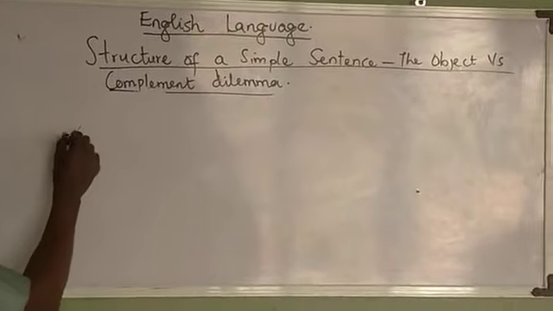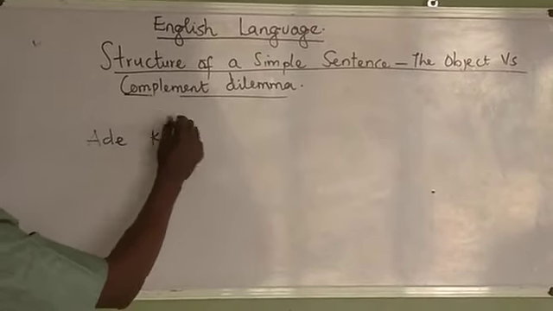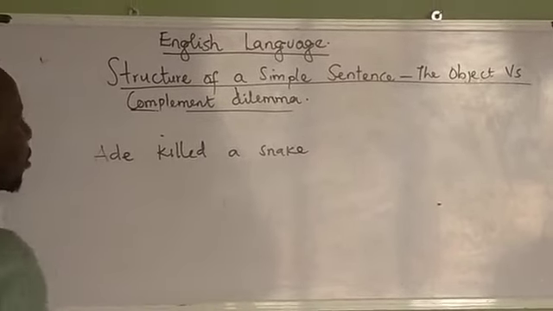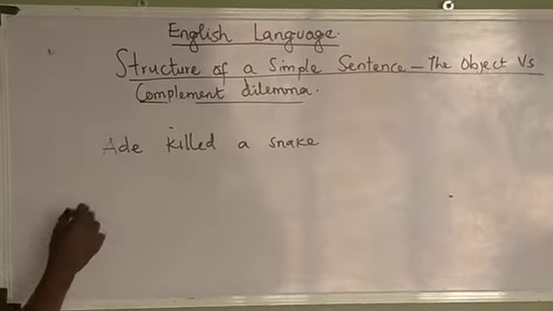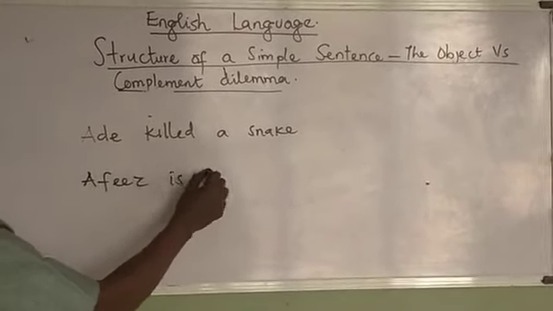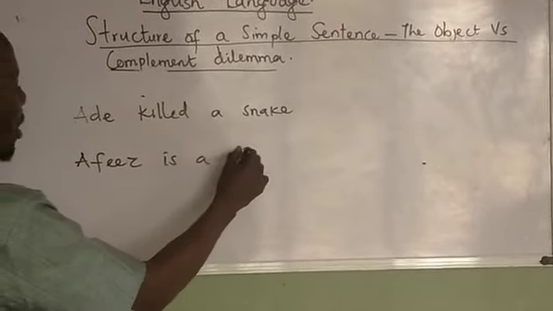If I say, Ade killed a snake, Hafiz is a gallant, is a smart soldier.